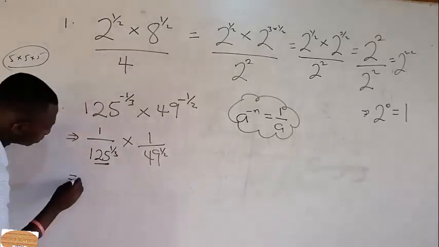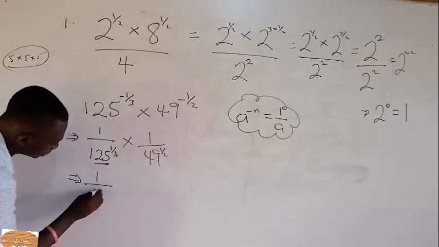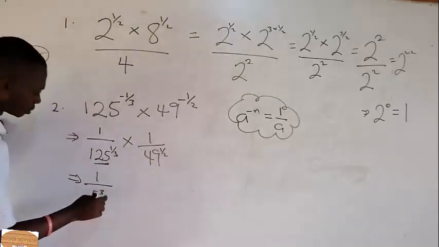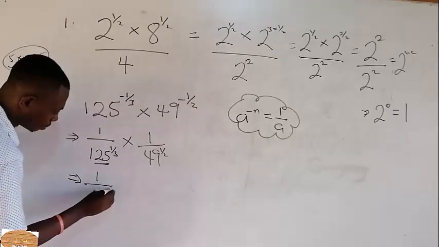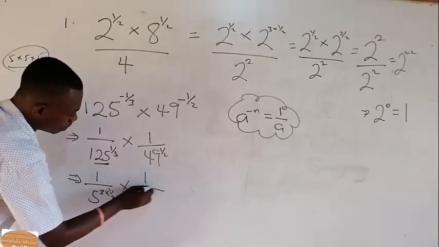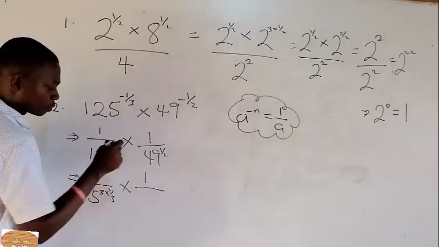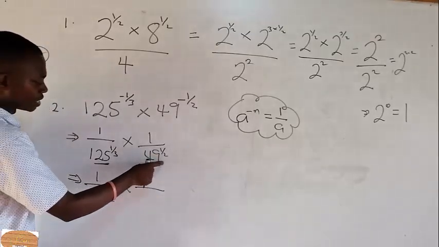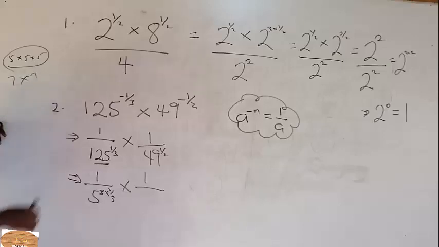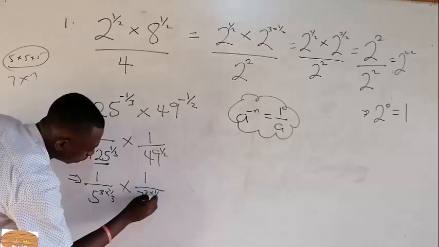So this is 1 over 5 to the power 3, and don't forget the 1 over 3 also multiplies. Now this one has power 2, so find a number that multiplied by itself twice gives 49. We know 7 times 7 is 49, so 7 to the power 2 times 1 over 2.